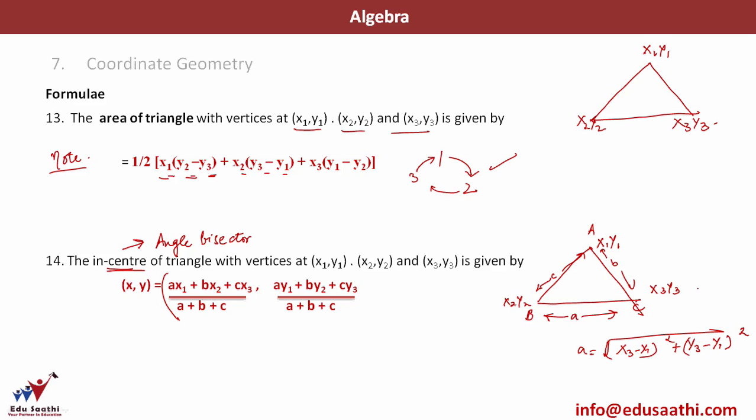Then you multiply each length with the opposite vertex. So it will again be a case of weighted average, that you have ax1 plus bx2 plus cx3 over a plus b plus c, and similarly ay1, by2, cy3 added up and divided by a plus b plus c.